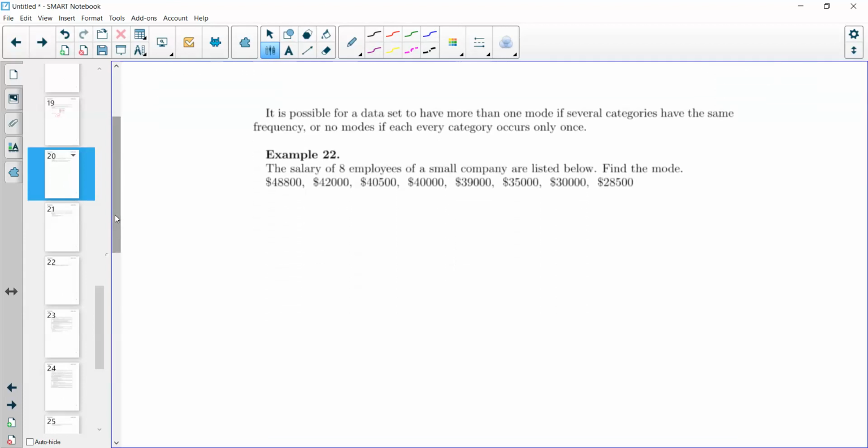Okay. It's possible for a data set to have more than one mode if several categories have the same frequency, or no modes if each category occurs only once. So what's the mode of this data set? Is there any value that occurs more than the rest?